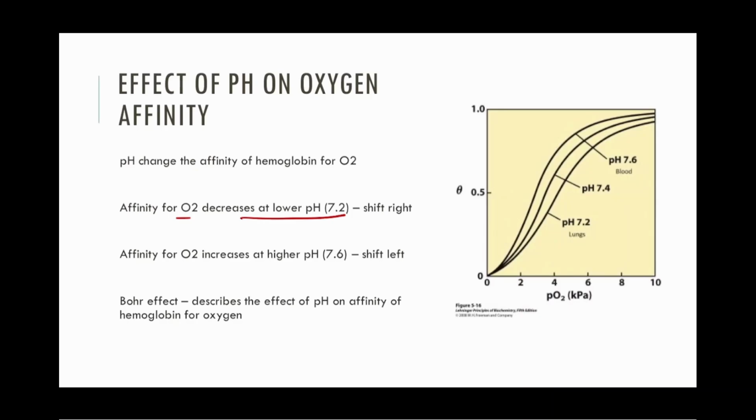So as your blood gets more acidic, the affinity for oxygen decreases. So we shift it to the right. The affinity for O2 increases at high pHs, so alkaline, and it's going to shift it to the left. And this is the Bohr effect, but you don't have to know what that is for the class, but if you've ever heard Bohr before, then this is what it's referring to.